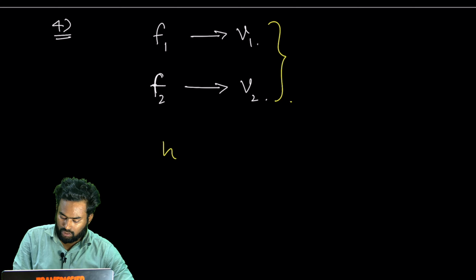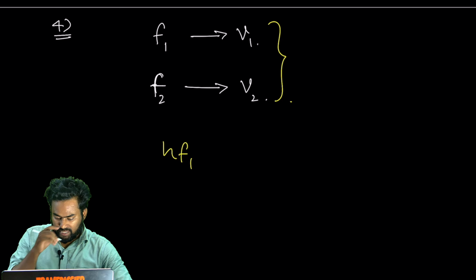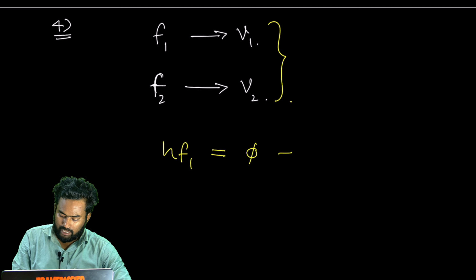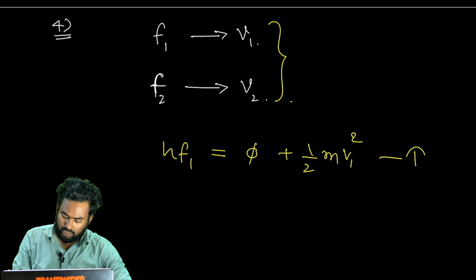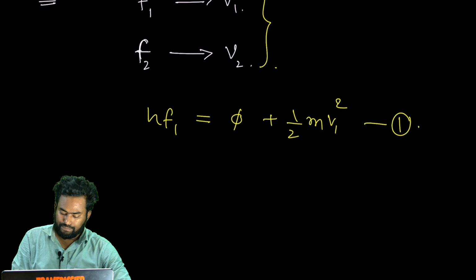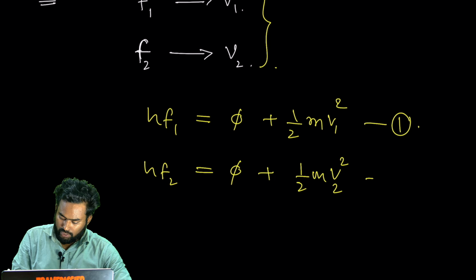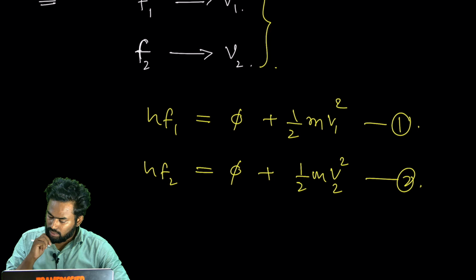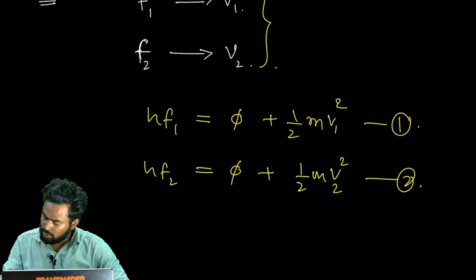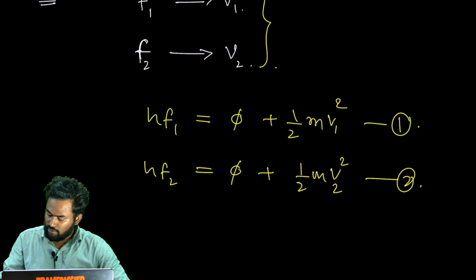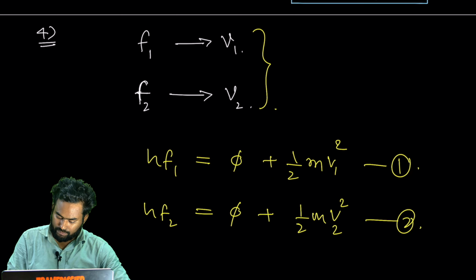Okay, so hf1, hf is the photon energy, that will be phi plus K max. So phi plus half m v1 square, equation number 1. Similarly hf2 will be phi plus half m v2 square, equation number 2. They are asking velocities, then f1 minus f2 will be how much?